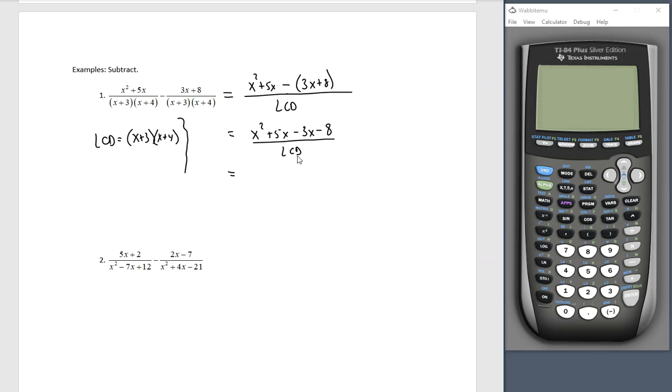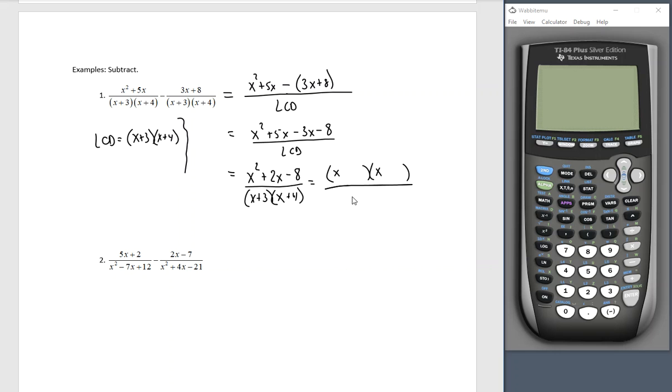I want to write the LCD so I can focus on my numerator, make sure I take care of it appropriately. x squared plus 2x minus 8. Now that that's all combined together, I'll go back to the x plus 3 and the x plus 4. This is a fine answer, but I'm thinking possibly this numerator factors.